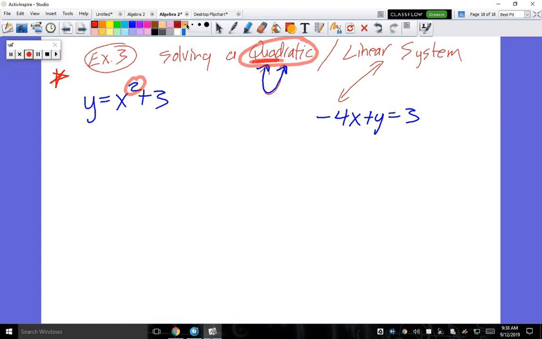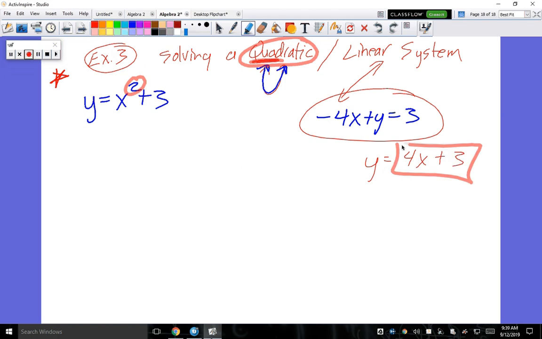Okay? Here we go. Substitution, we've practiced it. Which one of these equations do you think I should try to get a variable all by itself? The quadratic or the linear? The linear one. Okay, so either one will work. I'm just trying to go the easiest route. Y is already by itself in the quadratic, so in the linear I'm just going to add 4x.